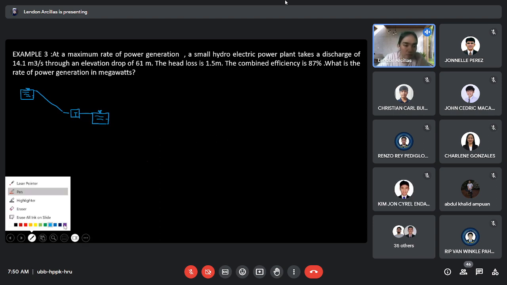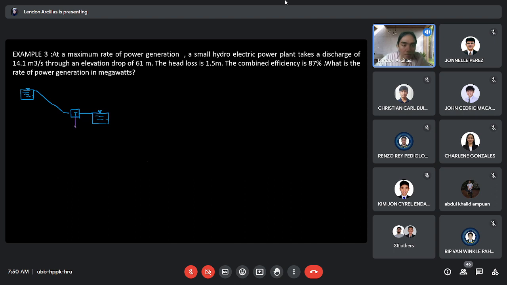Okay, ito yung ibig sabihin ng problem na to. So ang turbine ay ang energy ng waterfall, i-convert ng turbine into electricity. And the elevation from the upper head to the lower head is 61 meters. So that is our reference point.